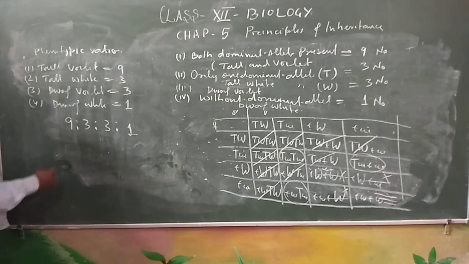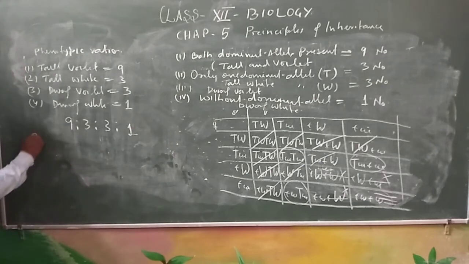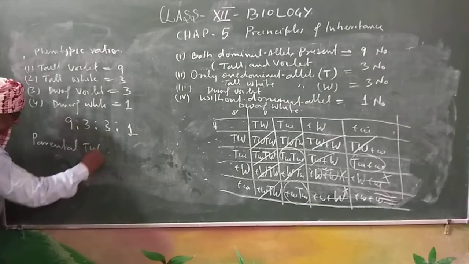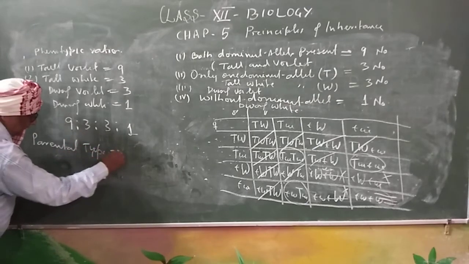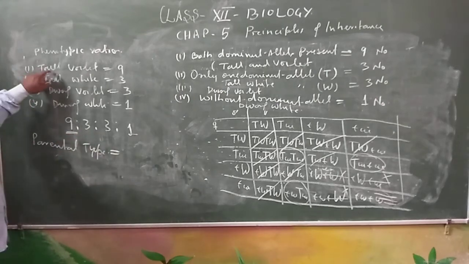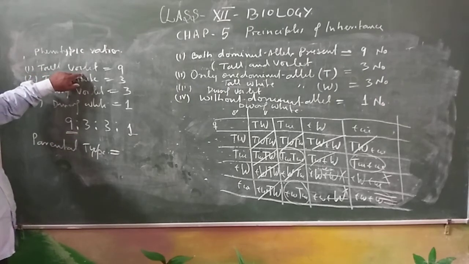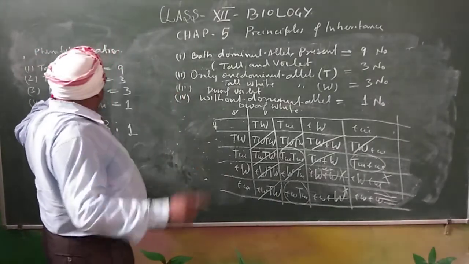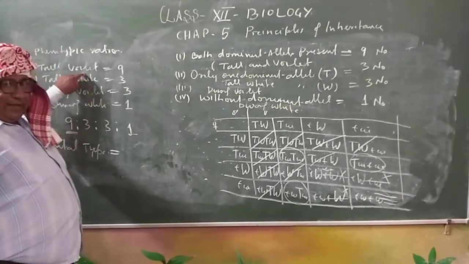And here we are finding the parental type. They are these 9 dominant tall violet, one parent type. I am talking here, parent means whatever was taken in the first class, F1 progeny parents.